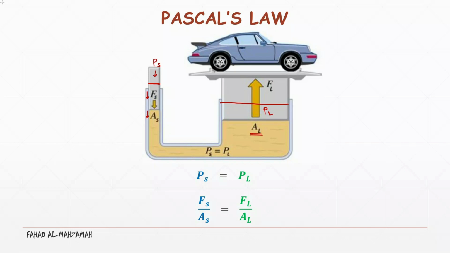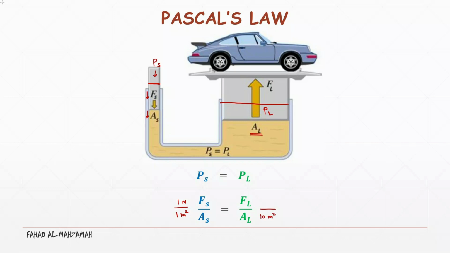Why is that? Suppose that you apply 1 Newton over, for example, 1 square meter, a small force over a small area. Suppose that you have a 10 times larger area on the large piston, so 10 times means here 10 square meters.